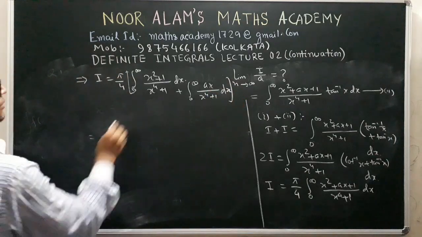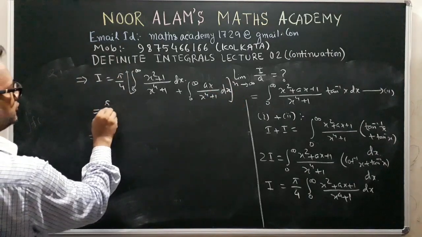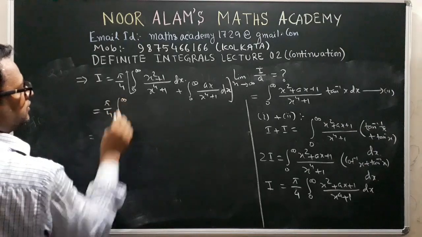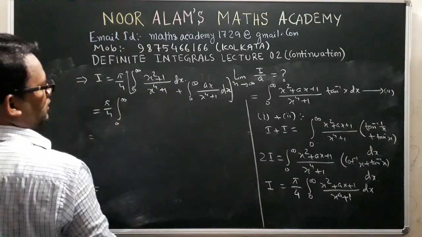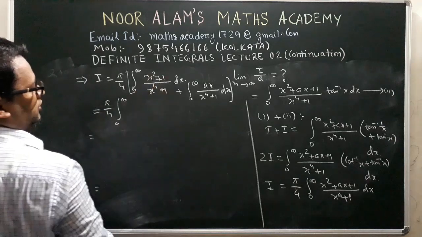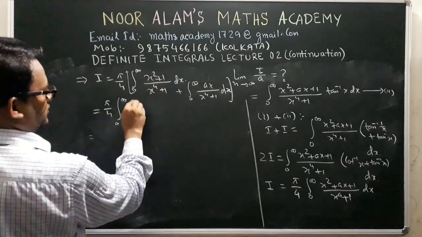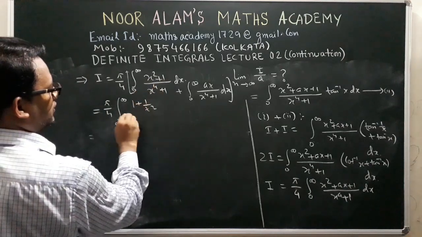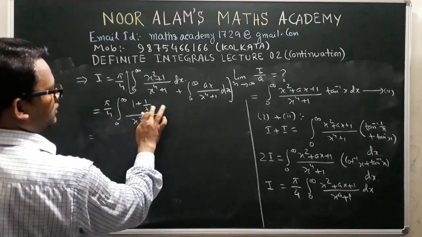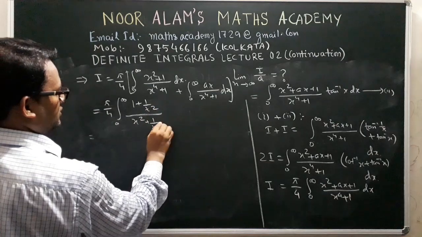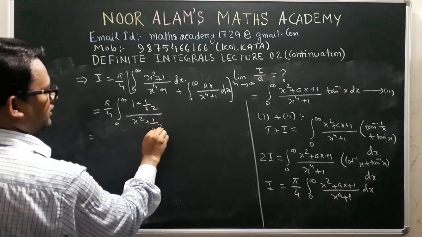So now here pi by 4, 0 to infinity. Now this is a very special type of format. In this form we have to divide numerator and denominator by x square, so we get 1 plus 1 by x square in the numerator. So we get this quantity.